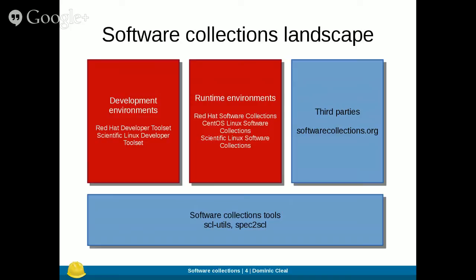So this is versions of Ruby, versions of Python, daemons, and server components. There's also a website, softwarecollections.org, that is a place for third parties to publish collections, so publish applications that they've packaged into a standalone collection, and it acts as an index for third-party collections.